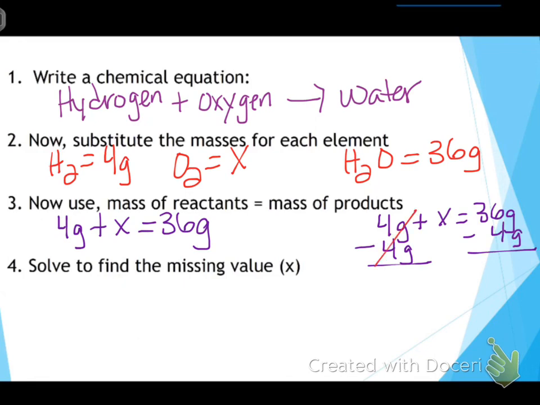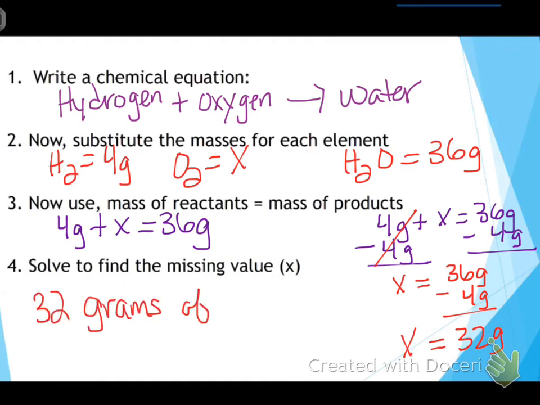That cancels out the 4 grams on the left-hand side and leaves our X alone, which is what we need to do, is get our X alone. And then you have to subtract the 4 from the 36, and that gave us 32. And so our missing value X is 32, so there's 32 grams of oxygen.